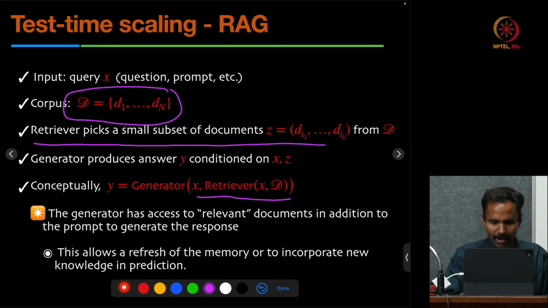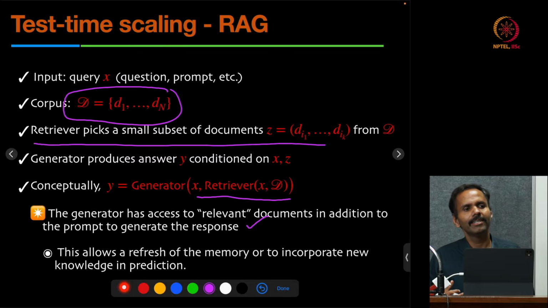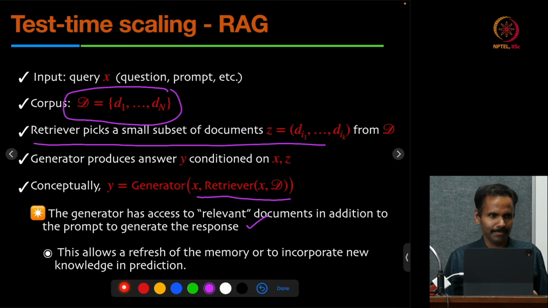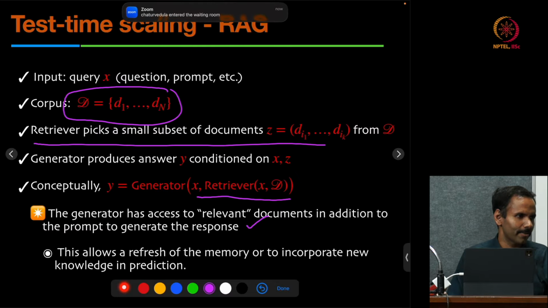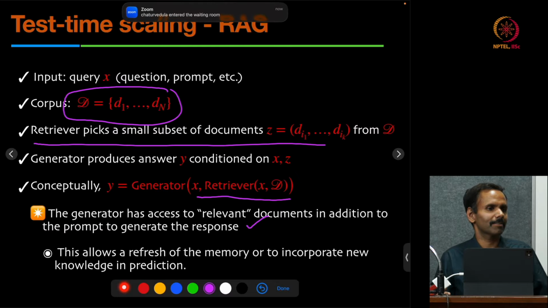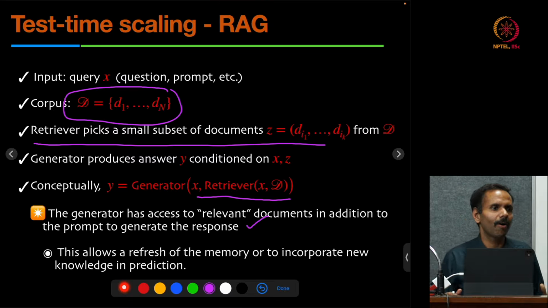So one more time, the generator has access to all the relevant information. Intuitively, why does it work? If you think, a large language model has been trained at the scale of the World Wide Web, it should have seen documents related to life insurance. It should have seen documents from the Indian government's website on life insurance policy.